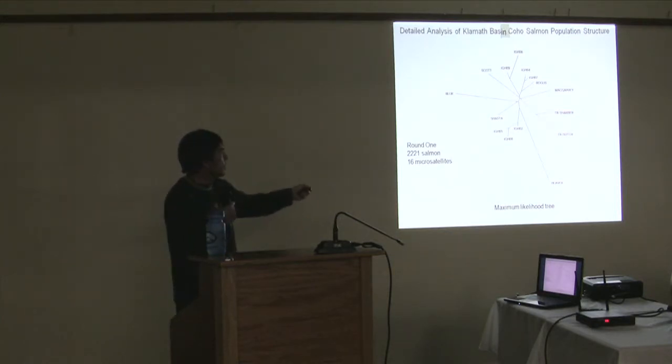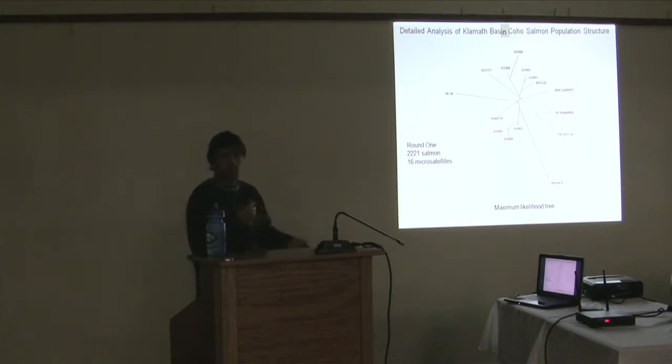So what you see here, where you see IGH and a number, that refers to fish that entered Iron Gate Hatchery in that year. So these fish entered in 06, and these entered in 09, and these entered in 05, and 02. So these are adult fish, whereas a lot of the others are juveniles that were spawned by fish that returned in the previous year.